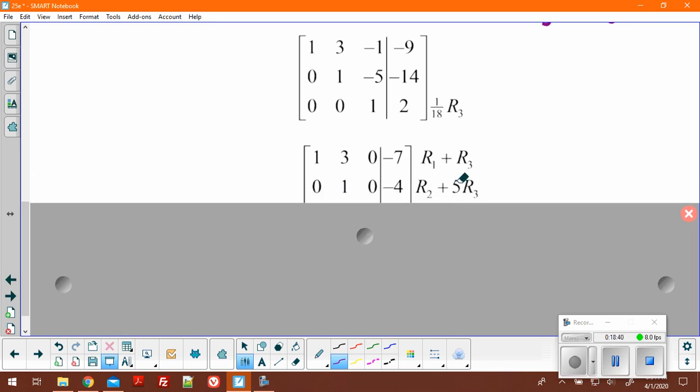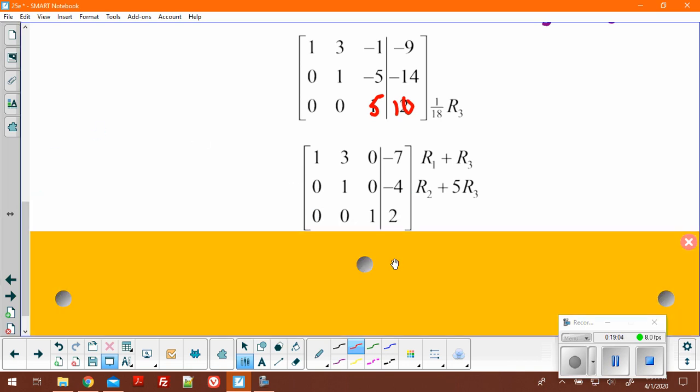Okay, for row 2, if I multiply this by 5 and add, yeah, we get rid of the -5. So I multiply that by 5, and I have a 5 here and a 10 here. So 1 plus 0 is 1, -5 plus 5 is 0, -14 plus 10 is -4.